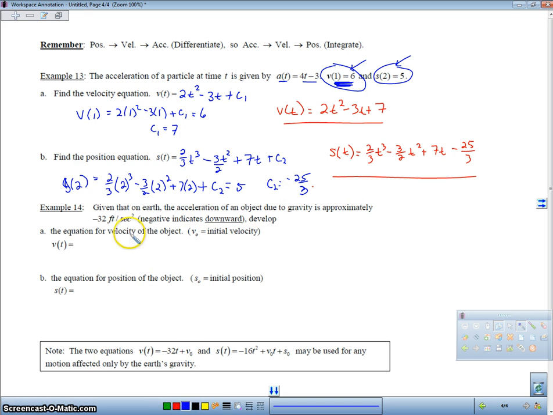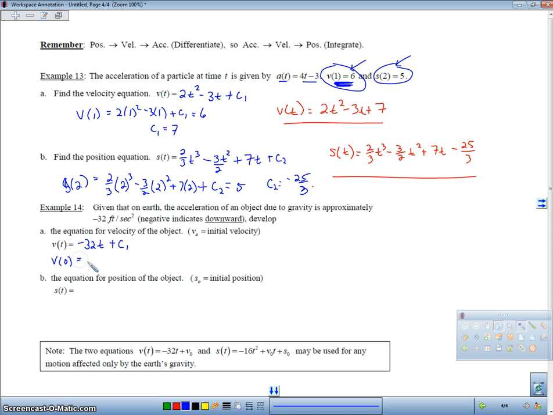All right, so let's take a look at this one. We're given that on Earth, the acceleration of an object due to gravity is approximately negative 32 feet per second squared. So we're going to come up with the equation of velocity. So we're going to take the antiderivative of negative 32, and we're going to get negative 32t plus c1. I have an initial velocity, my initial velocity of v sub 0.